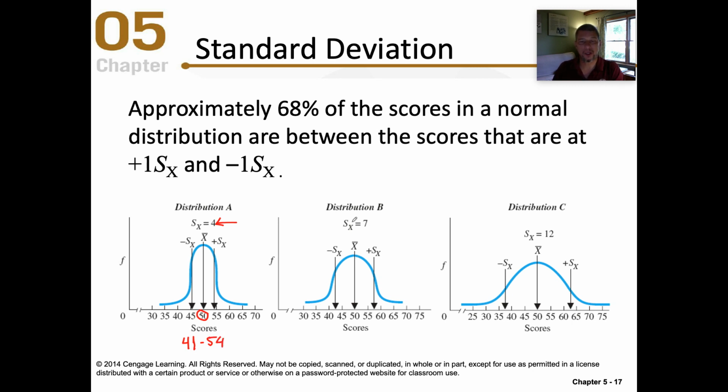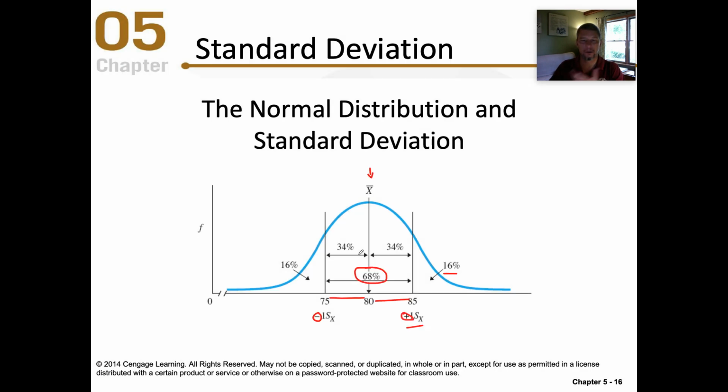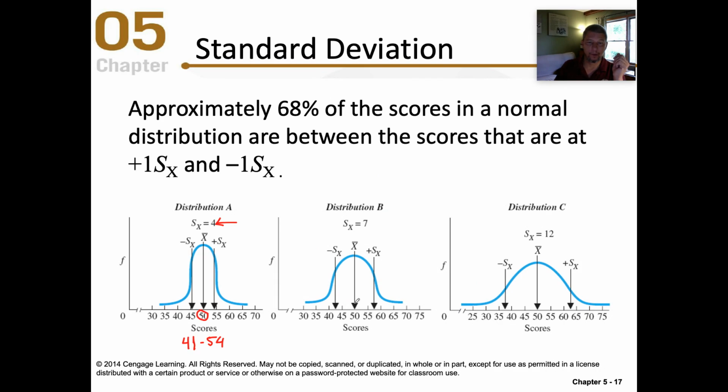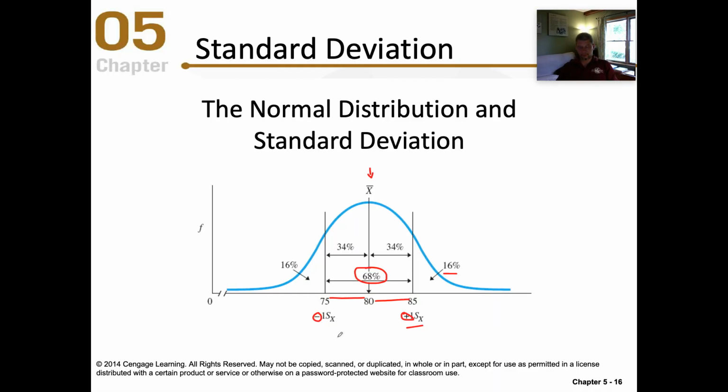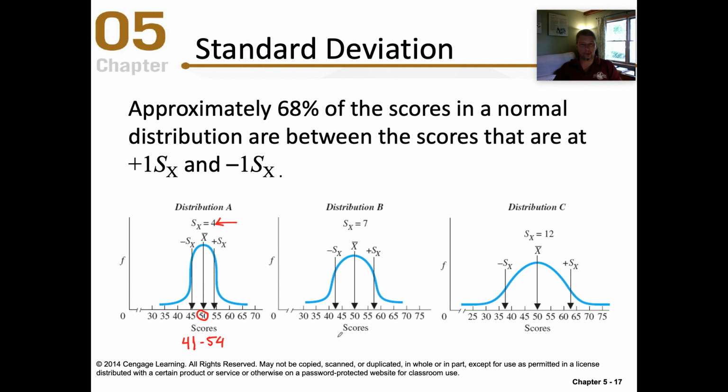Now, if the standard deviation is larger, for example 7, the scores will range between 43 and 57. I messed up on the first one. It's not 41 here, it's actually 46.